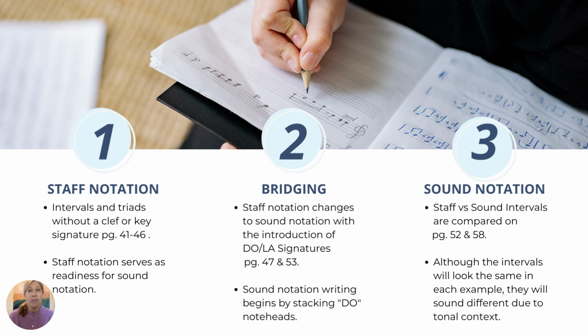So the first sound notation begins with the resting tone stacks, and then the sound and staff notation is compared side by side. The student has activities to do that on page 52 and 58. And this is where the student realizes that although the intervals might look exactly the same all the way across the line, they each sound different because they are truly focusing in on the tonality and the keyality.